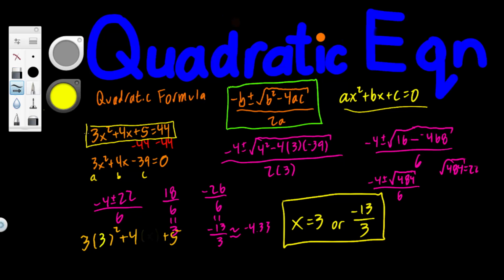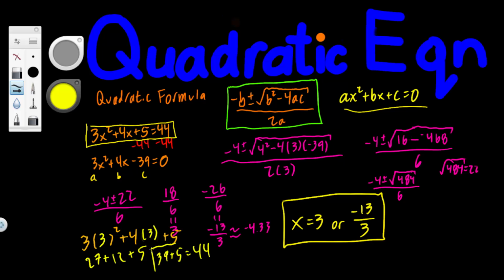We'll put this in here, 3. And let's figure this out. 3 squared is 9 times 3, so we have 27 plus 12 plus 5. 27 plus 12, we have 39. 39 plus 5, that's 44. So this does check out.